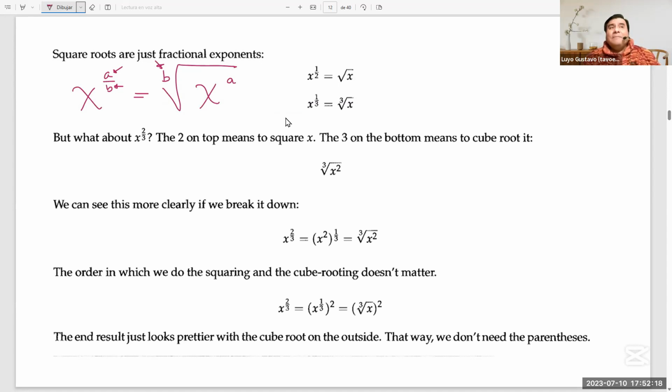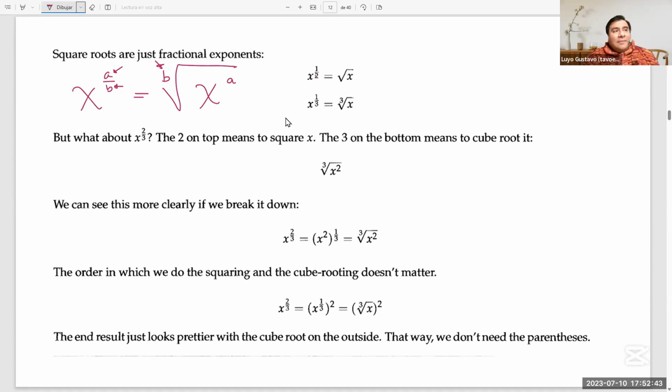For example, the x up to 1/2, that is the square root, because of the 2 below, of x up to 1, okay? And x up to 1 over 3 equals the cube root of x up to 1, right? Because here the 1 as an exponent means nothing, right?